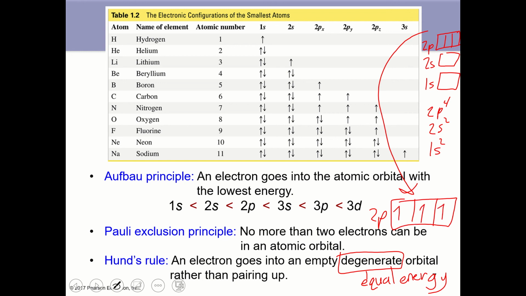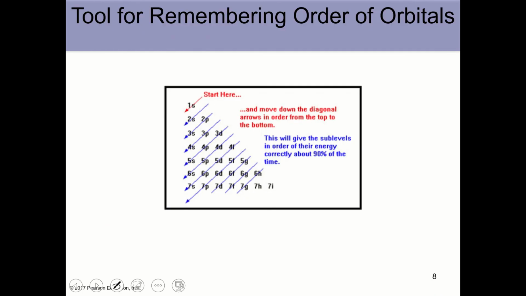One electron in each box by Hund's rule, and then the fourth electron will be the first electron that pairs. Okay, so remember Hund's rule, the Pauli exclusion principle, and the Aufbau principle. In order, you are going to need to be able to write out your electron configurations.